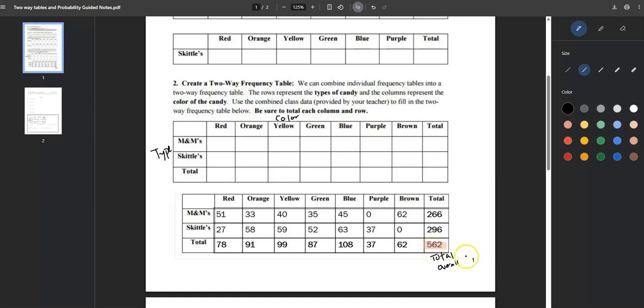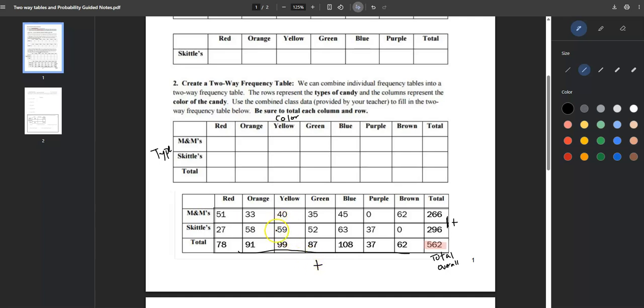The nice thing to know about this is this number is made up of these two added together, or all of these 7 added together. So you should be able to get them by adding vertically or horizontally. This 0 just represents that there are 0 purple M&Ms. This 37 represents that there are 37 purple Skittles.